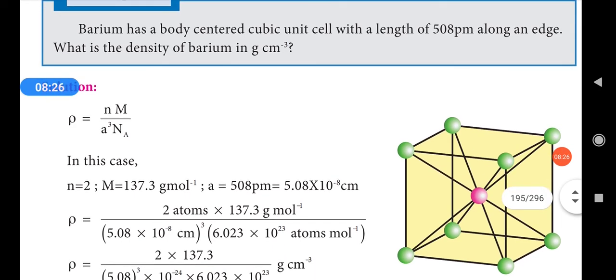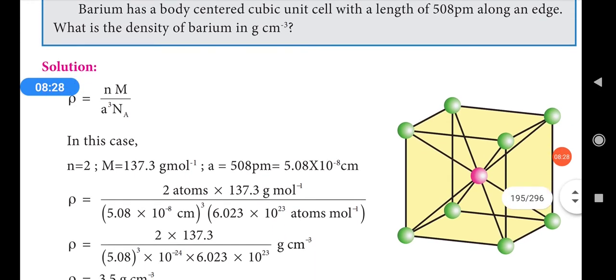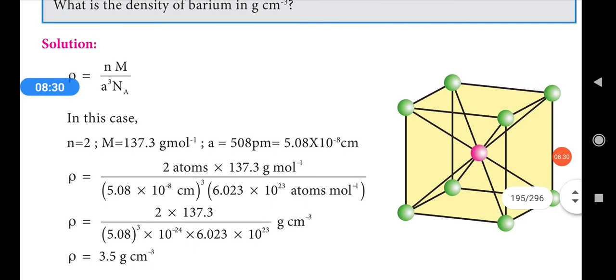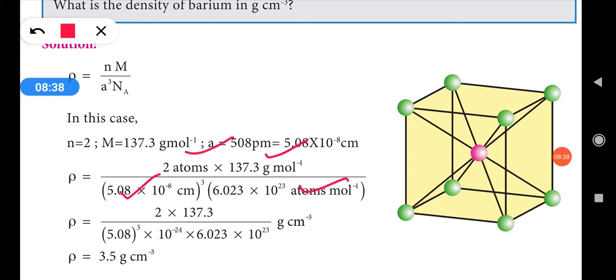By applying these values in the above equation, we have 2 atoms, molar mass, Avogadro number and volume. The volume is A cube.